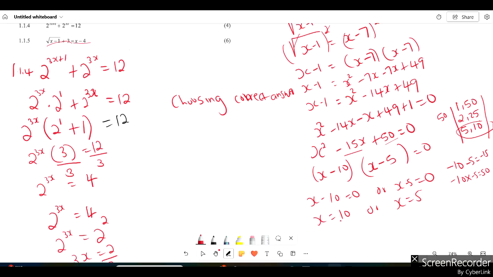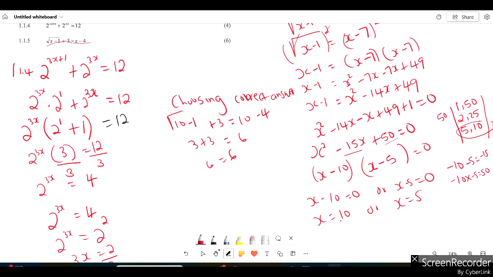So it's going to be the square root of 10 minus 1, plus 3, equals 10 minus 4. The square root of 10 minus 1 is the square root of 9, which is 3, plus 3, and then 10 minus 4 is going to be 6. 6 equals 6. Meaning that this is the correct answer, but both can be correct.